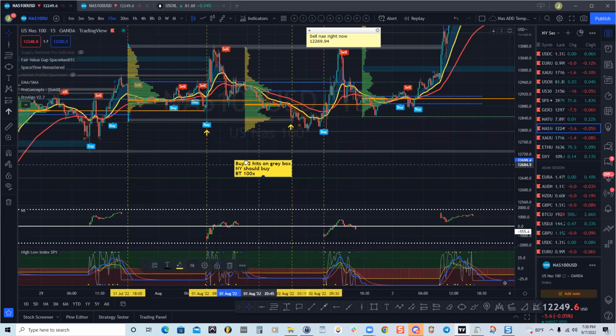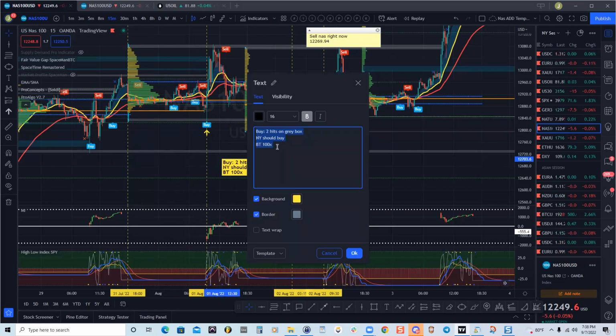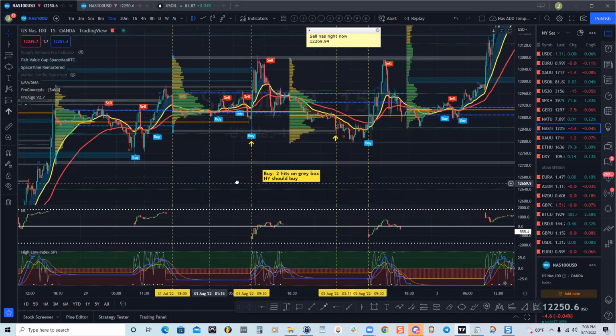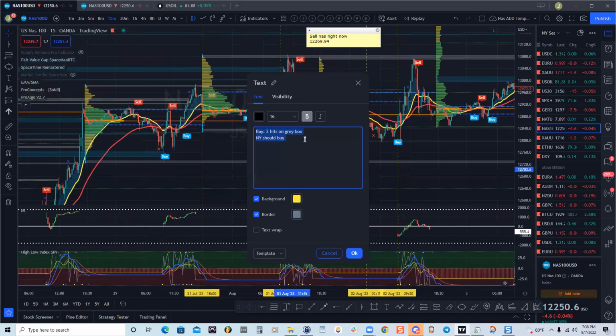So this rule would be: 2 hits on gray box, New York should buy. You had to backtest this. Does this work all the time? So we find another setup. I'm gonna put this over here, and this is 2 hits on gray box.